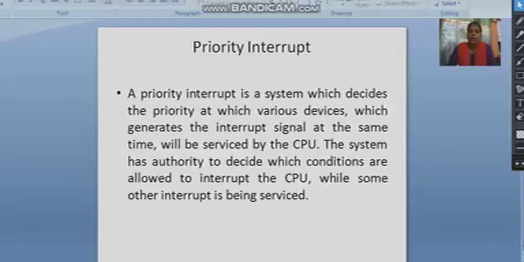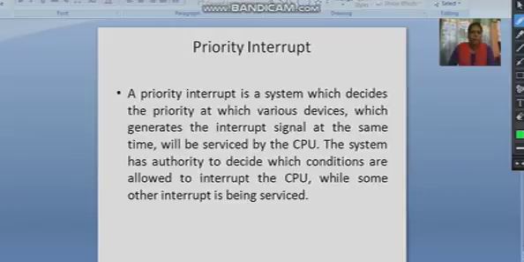A priority interrupt is a system which decides the priority of the various devices which generate the interrupt signal at the same time, to be serviced by the CPU. The system has the authority to decide which conditions are allowed to interrupt the CPU while some other interrupt is being serviced. Okay, so this is the priority interrupt.